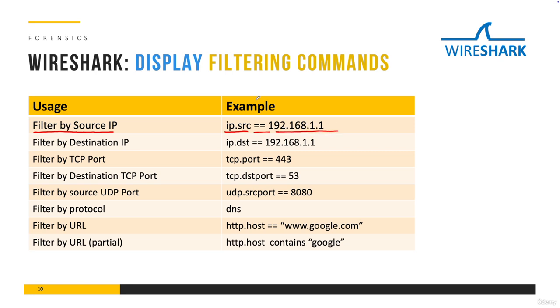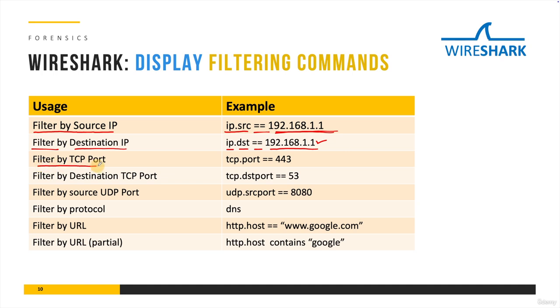And then Wireshark is going to hide all the other packets and just show you the packets which are coming from this source IP address. Similarly, you can also filter by destination IP address, in which case you need to do ip.dst equal to and then the destination IP address. So Wireshark is going to filter and just show you the packets which are going to this IP address.